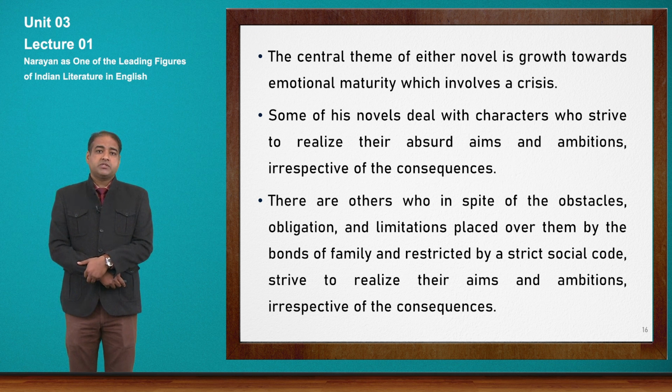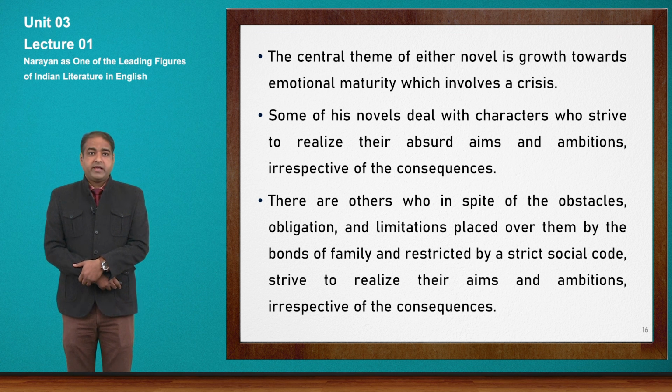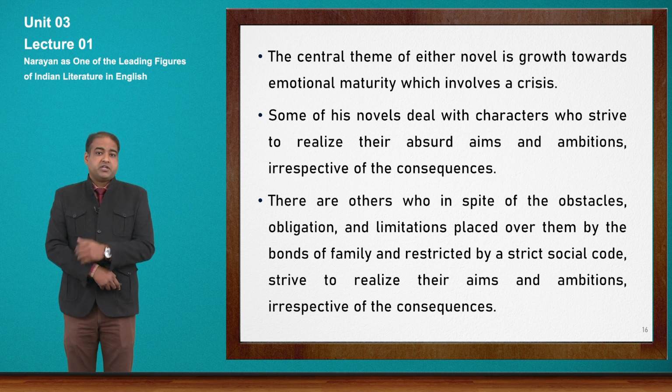Some of his novels deal with characters who strive to realize their absurd aims and ambitions irrespective of the consequences. Well, friends, when you read all the works of R.K. Narayan, you will see that there are some characters who are dealing in realization of absurd aims and ambitions.